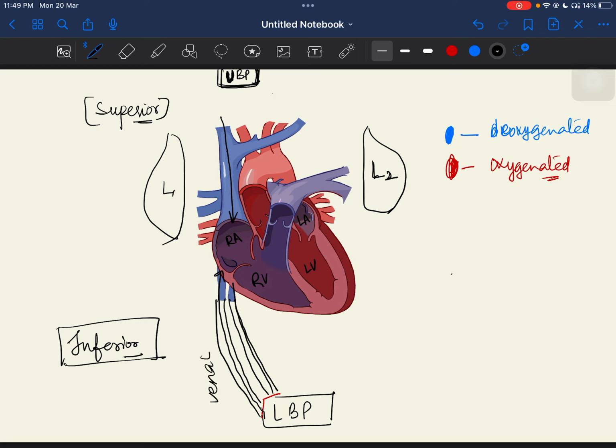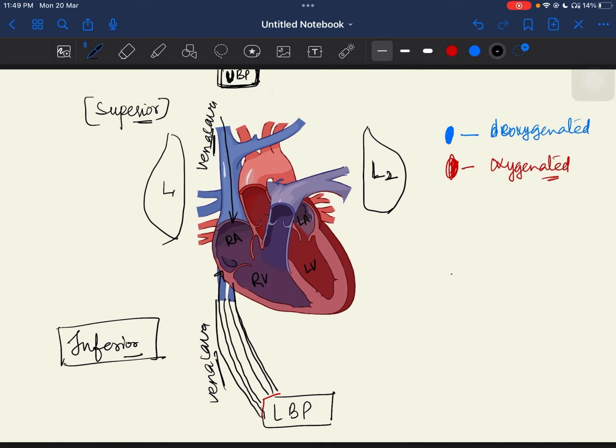दैट्स व्हाई दे आर कॉल्ड द वेना कावा। दिस इज कॉल्ड वेना कावा। दिस इज आल्सो कॉल्ड द वेना कावा। ओके, नाउ व्हाई वेना कावा, बट वेना कावा के अलावा इनका कुछ और भी तो नाम होगा। सो this all part is the inferior part, and this part is the superior part.